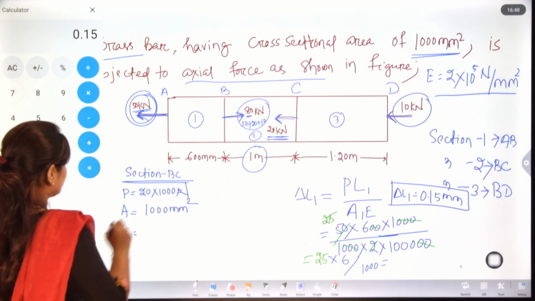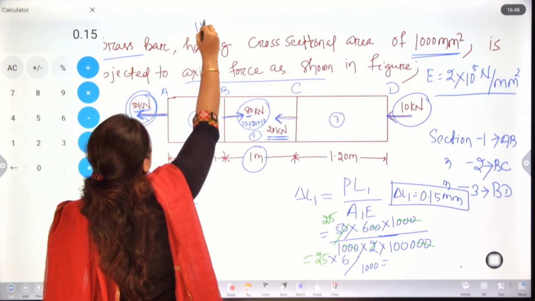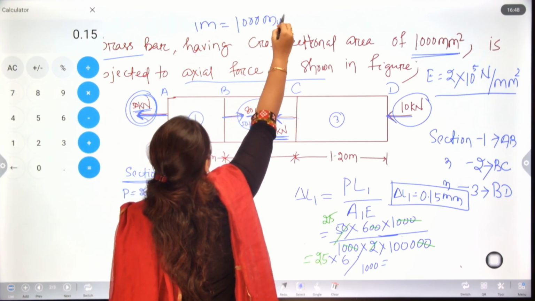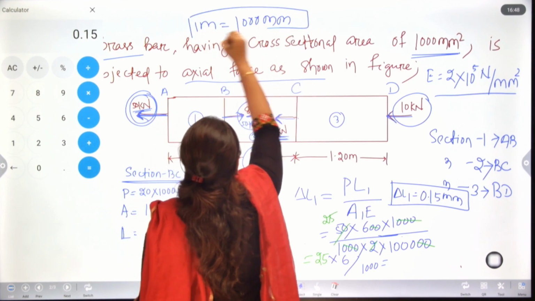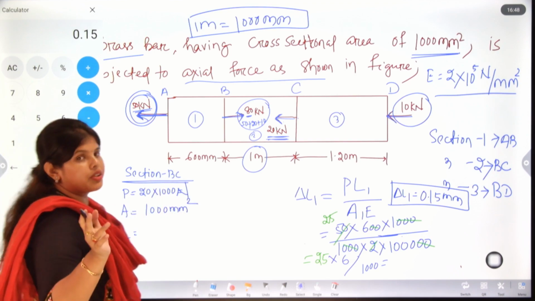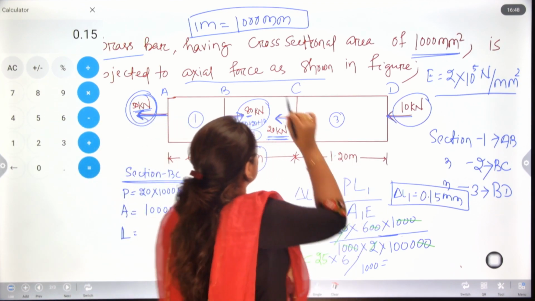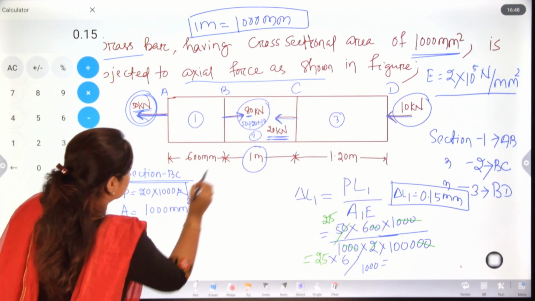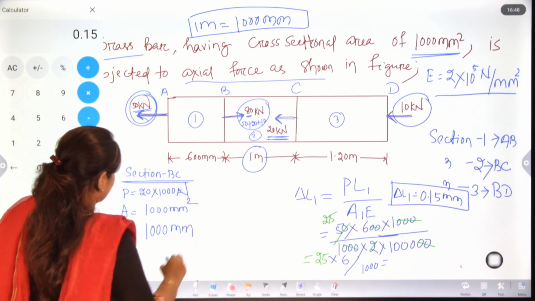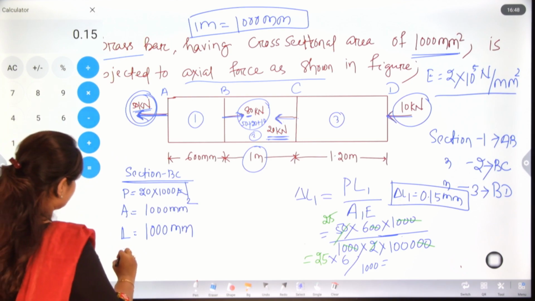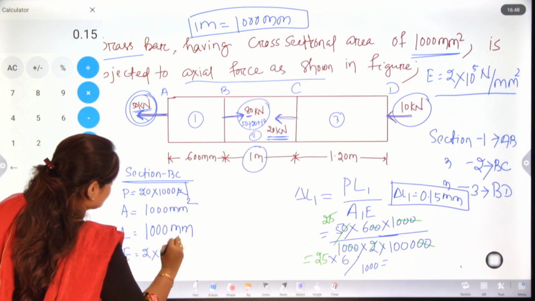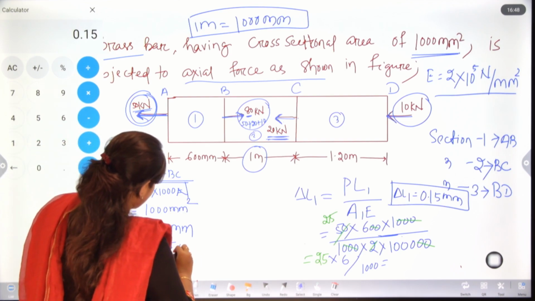We know that 1 meter equals 100 centimeter and 1 centimeter equals 10 mm, so that is 1000 mm, and E is 2 into 10 to the power 5 Newton per mm square.